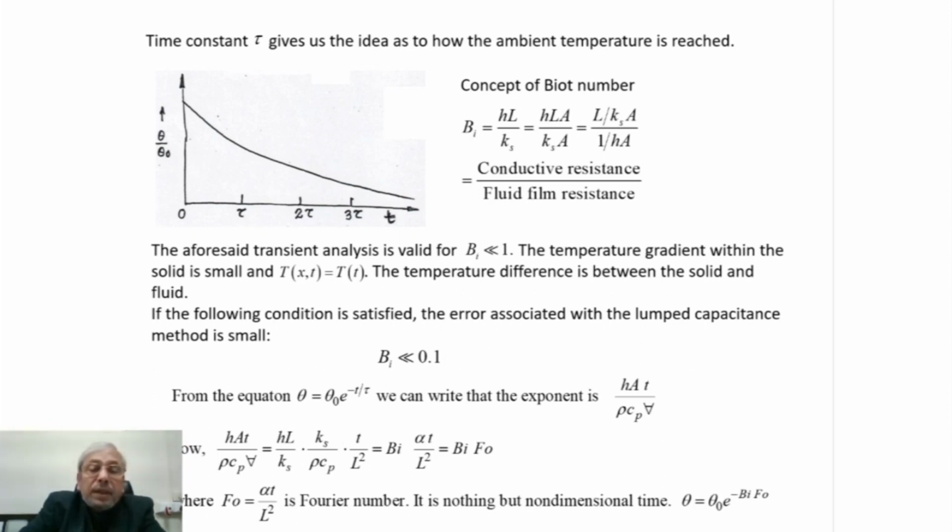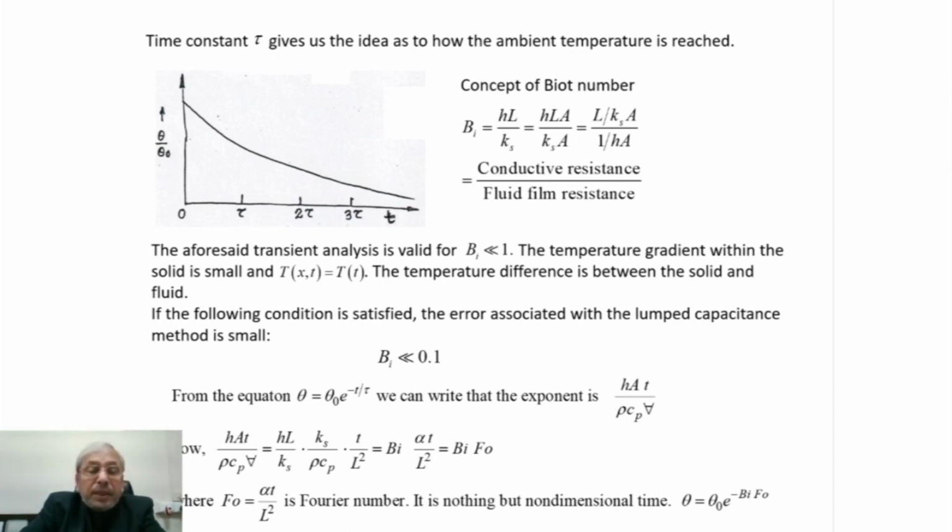If the following condition is satisfied, the error associated with the lumped capacitance method is small. That means if the Biot number is much less than 0.1.